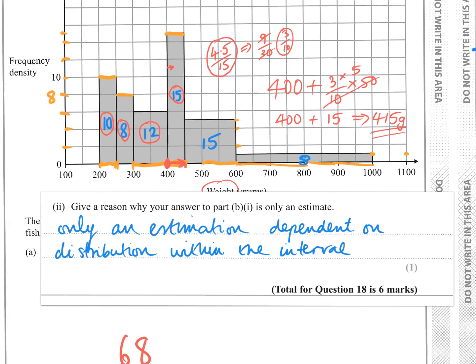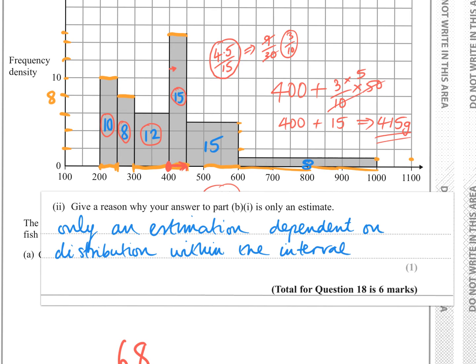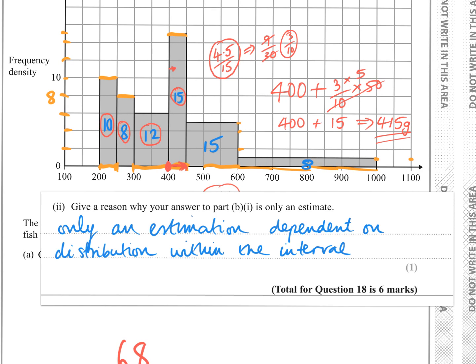But when you look at the distribution of the fish, when you do a class interval, you don't know where the masses, the weight of those fish in grams, lie. We assume that there's some kind of even distribution or some kind of central tendency. Hence, when we're trying to find the mean, for example, we just assume the midpoint, okay?